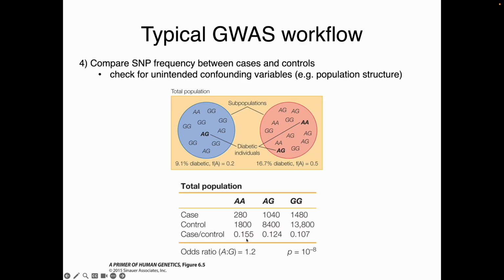You do your genome-wide association study, and you get the case-control information. You can run this through the GWAS, and it'll tell you there's an odds ratio of 1.2 and a p-value of 10 to the minus 8. And you say there is or is not a correlation, so an association, with that.